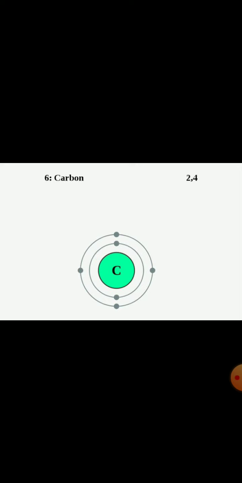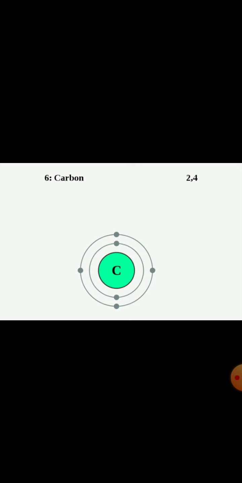Carbon has 6 electrons and it will occupy 2 shells. We have learned this in detail in chapter number 3, so you can refer to the electronic configuration from that chapter's videos.